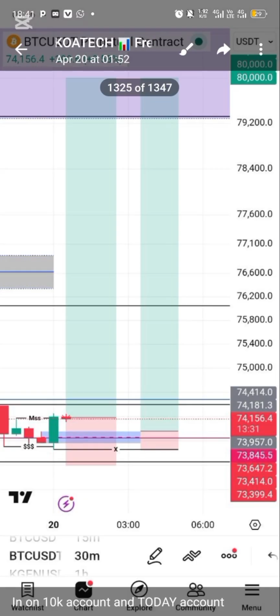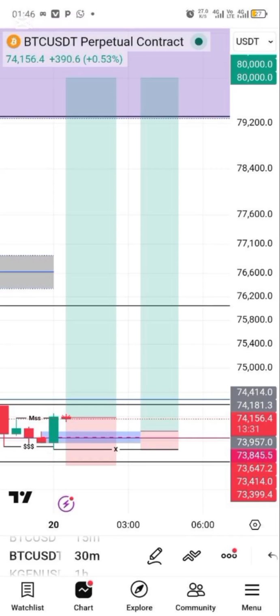Now my take profit was supposed to be the nearest draw on liquidity, but I put the take profit at 80k. All right, that's just our psychological number, instead of putting it on the nearest draw on liquidity, which is around this black line here, around this 79,200.